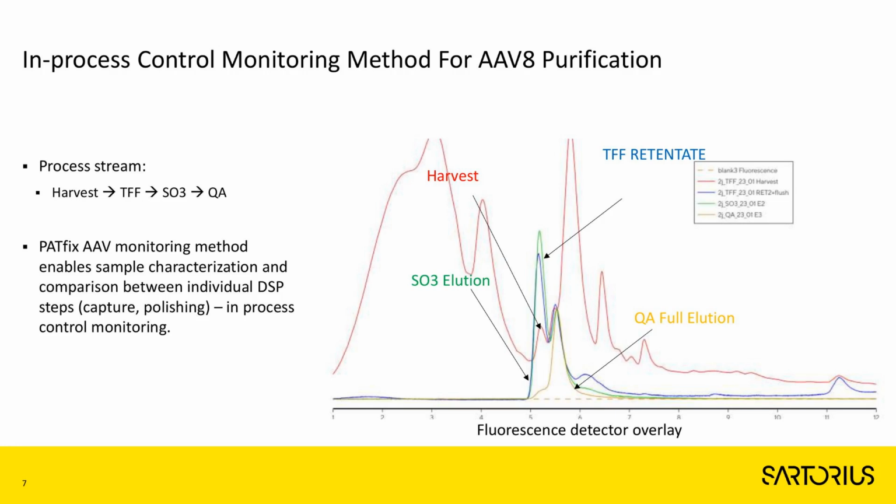And using a single method, you can track all of these impurities throughout your process, from pre-capture samples all the way to fully enriched full capsids. And this allows you, of course, to have a deeper insight into your process.